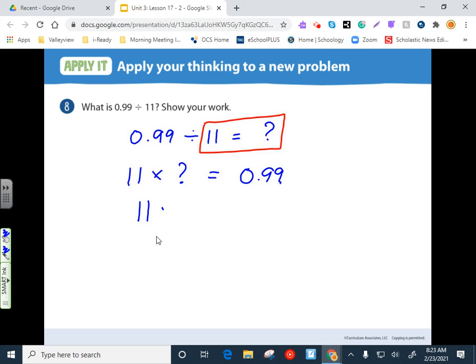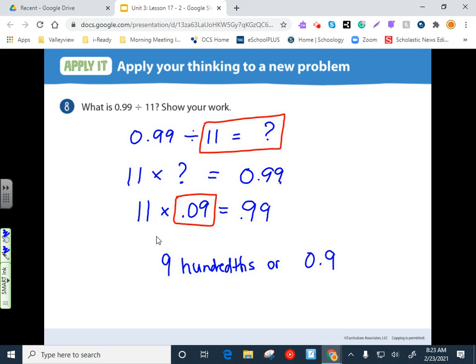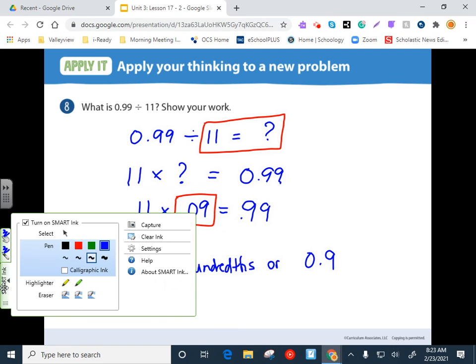I know 11 times 0.09 will give me that 0.99. So our answer is this. It is 9 hundredths or 0.09. And last one.